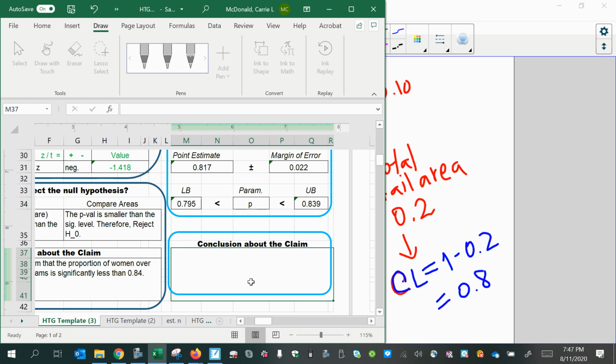So because of that, I would interpret this confidence interval in regards to the claim by saying the confidence interval does not contain the claimed p of 0.84.